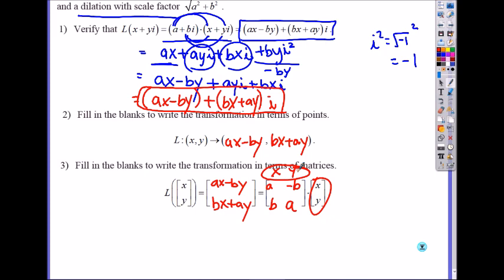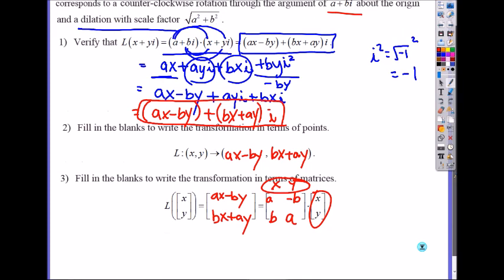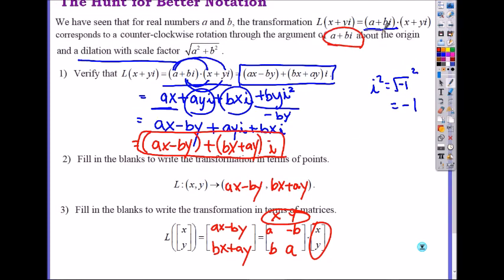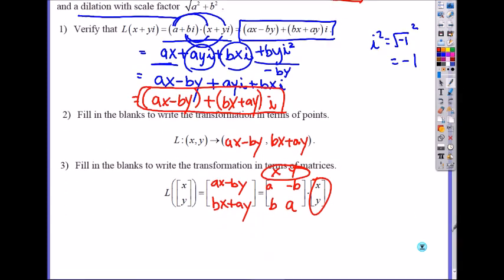It's the same form. So what we are doing is, when you multiply by the a plus bi transformation, it is the same thing as multiplying by this matrix: a, negative b, b, a. Okay?